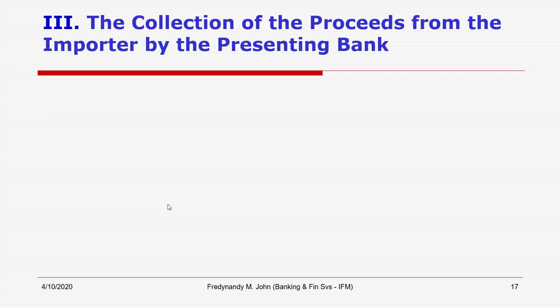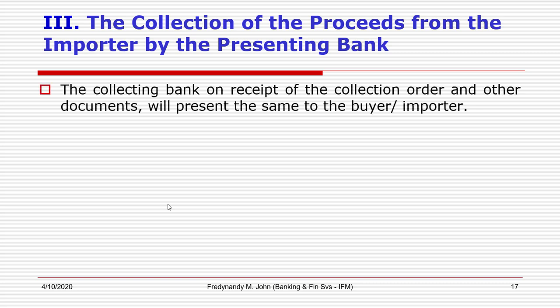And the third part is the collection of the proceeds from the importer by the presenting bank. That is, the moment the importer's bank, and this is presenting bank or collecting bank, has collected the forwarded documents from the remitting bank, the banker will open the instructions, and depending on the instruction, it will act accordingly.